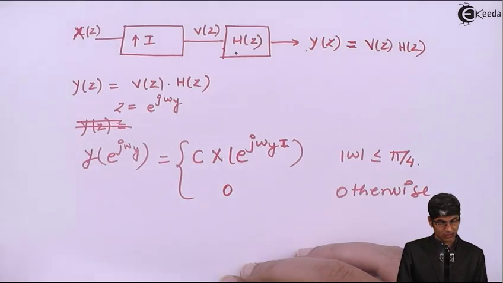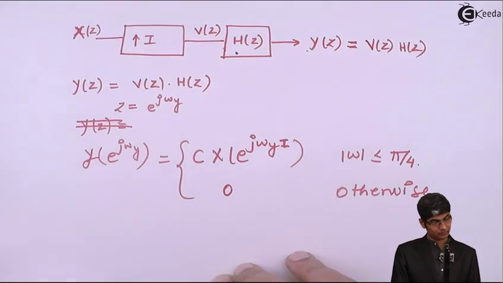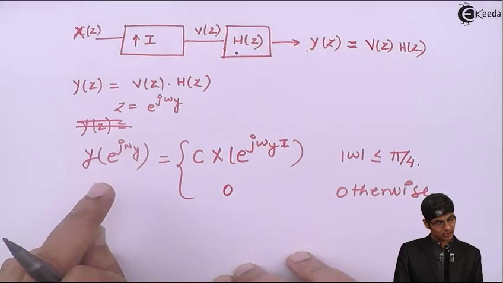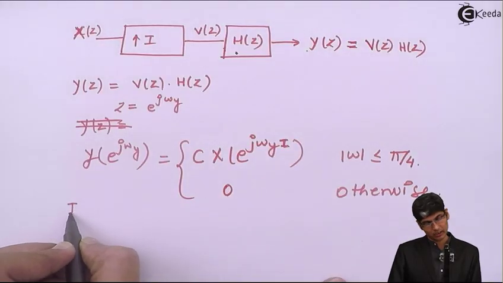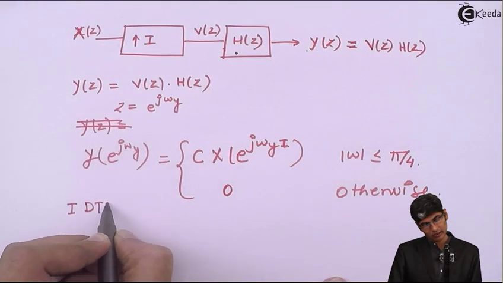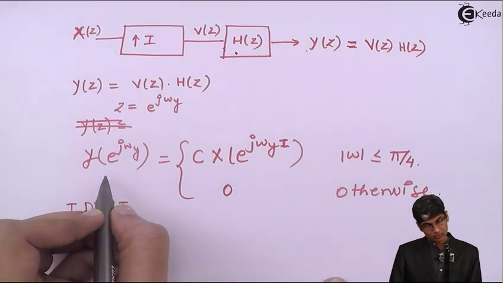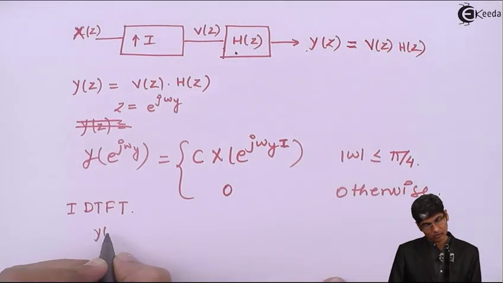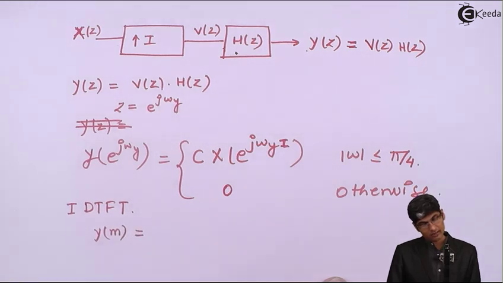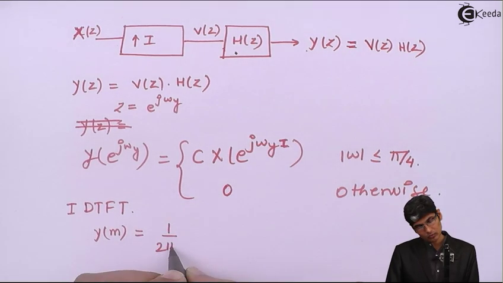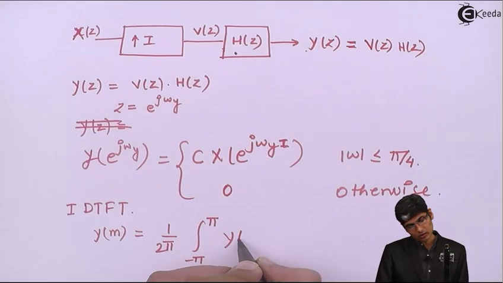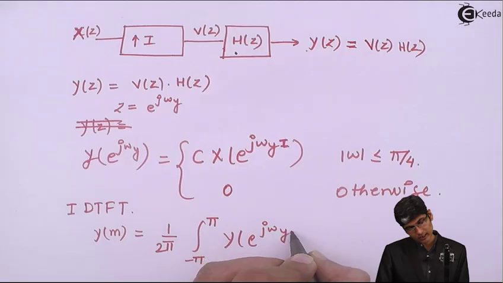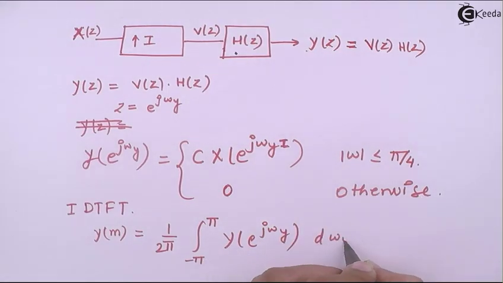So to get what c equals to, what I'll consider is, if I take the inverse discrete time Fourier transform of this signal, I am going to achieve y of, let's say, m, which is equal to 1 over 2 pi, the integral from minus pi to pi, or you can say 0 to 2 pi, of y of e raised to j omega y d omega y.